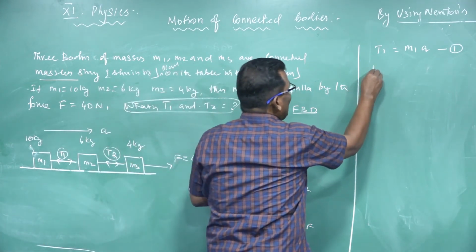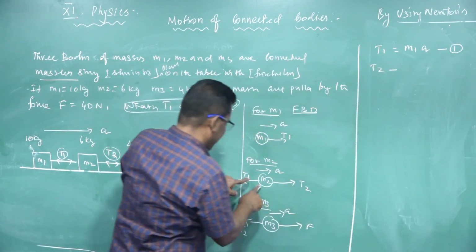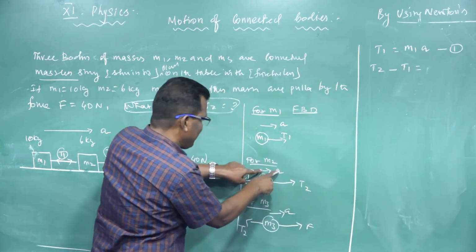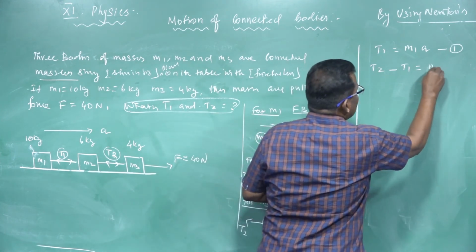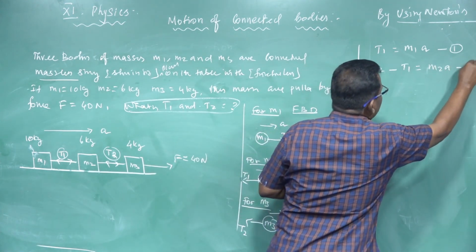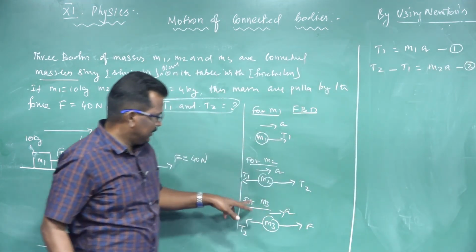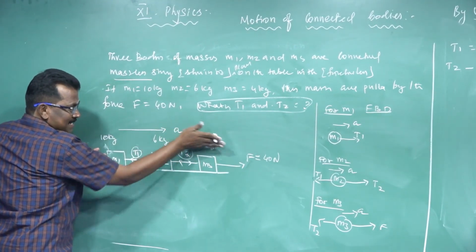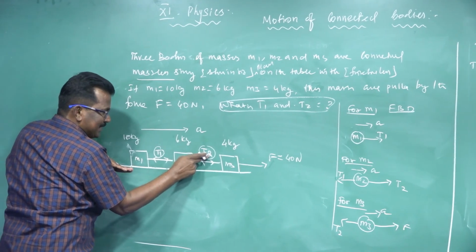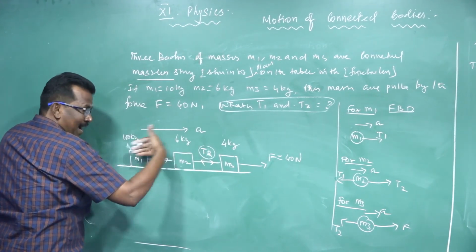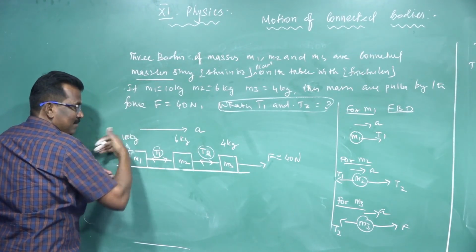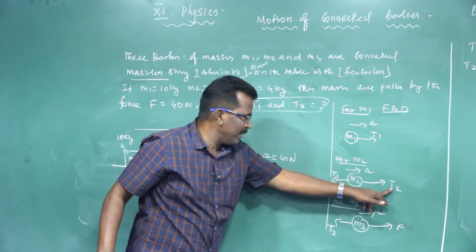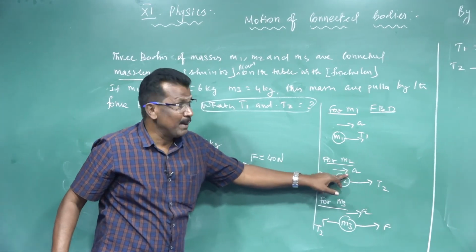So T2 minus T1 is equal to m2a. Equation number 2.